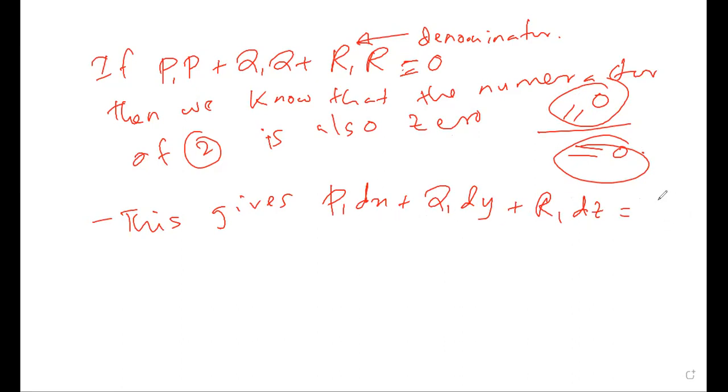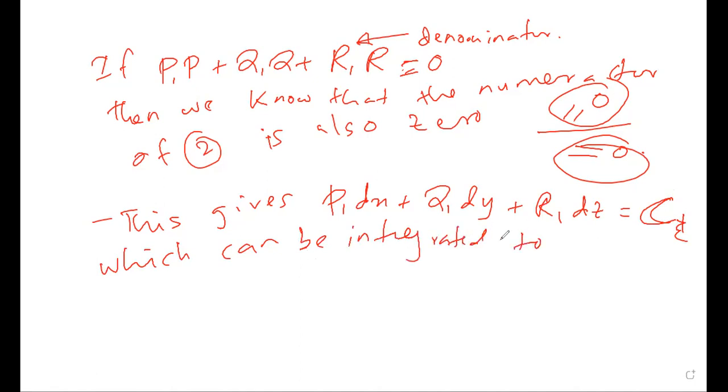After we integrate it, we will get C1, or let's say C, which can be integrated to phi xyz, that is equal to C1.